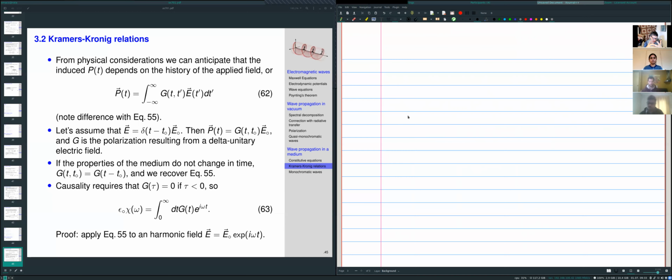So we'll see that the Kramers-Kronig relationships allow us to establish relationships between the real part of the refractive index and the imaginary part of the refractive index.